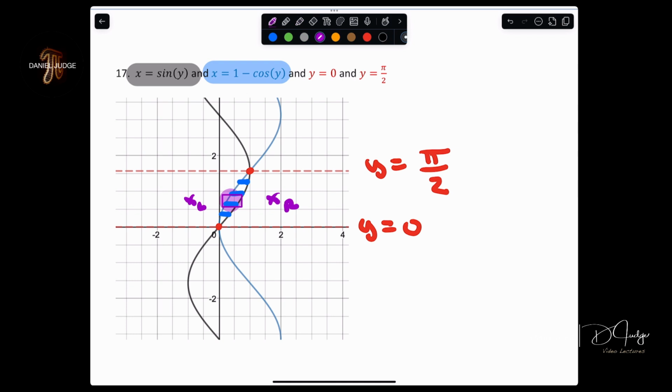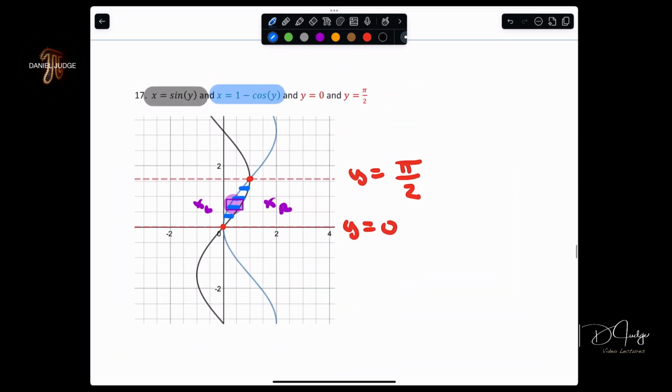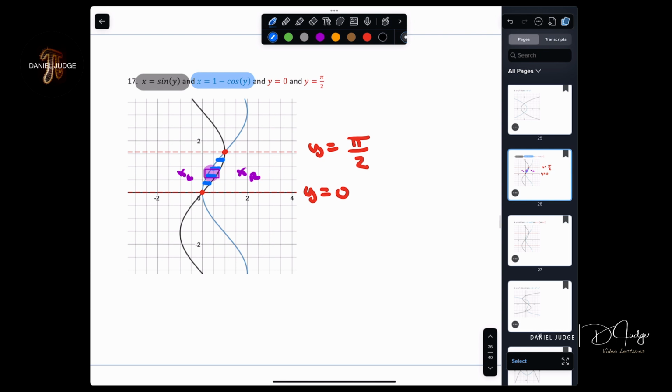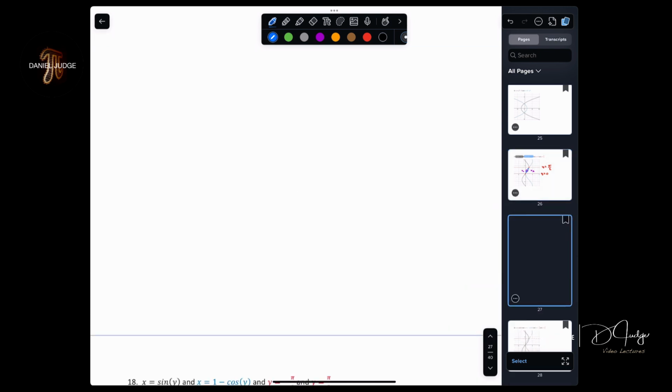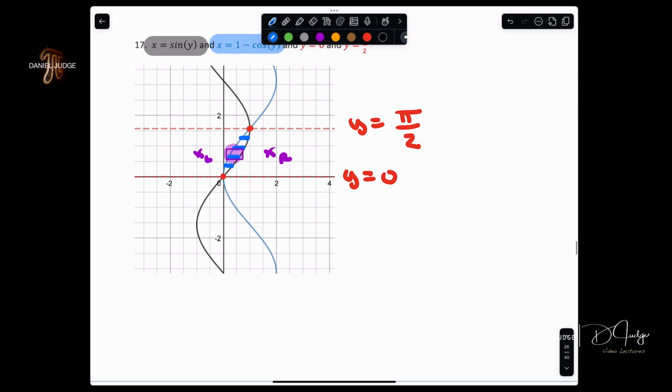All right. So here's your area. It's the right curve minus the left curve. So now we're going to go from 0 to pi over 2, x right minus x left dy.